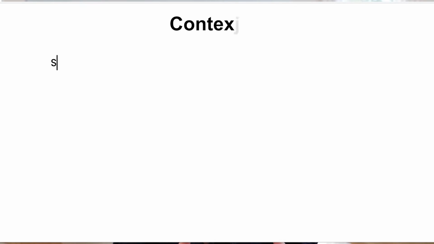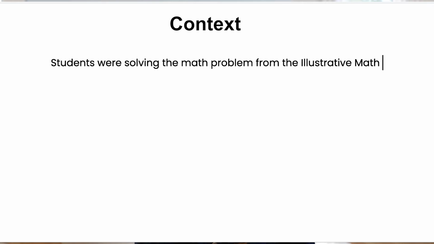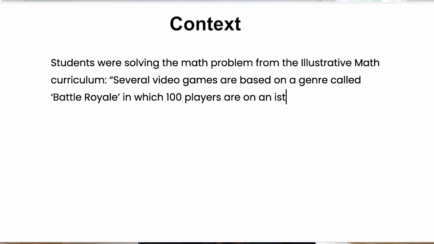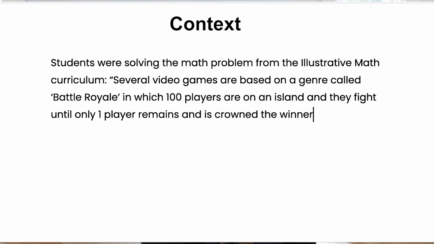C, the context. So first, I'd give a little context of the strategy. So for this example, I would write, students were solving the math problem from the illustrative math curriculum. Several video games are based on a genre called Battle Royale, in which 100 players are on an island and they fight until only one player remains and is crowned the winner.